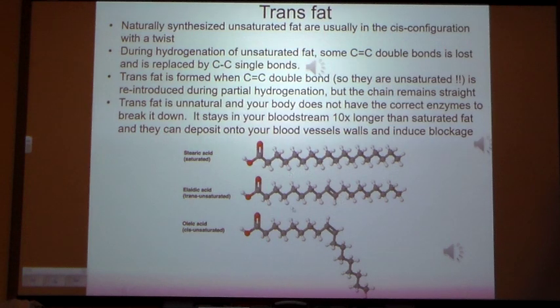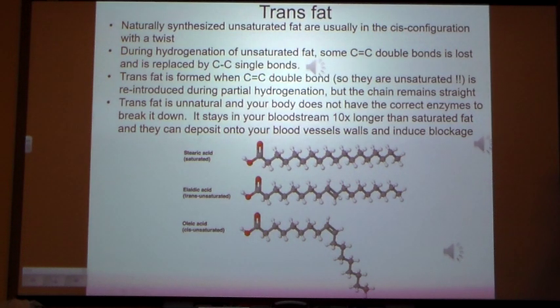But in partial hydrogenation, the molecule is straightened out, it becomes saturated, but some of the double bonds reform. When the double bond reforms, it can reform in a trans configuration. So there's a double bond in the middle, you can see here, but the molecules remain straight.